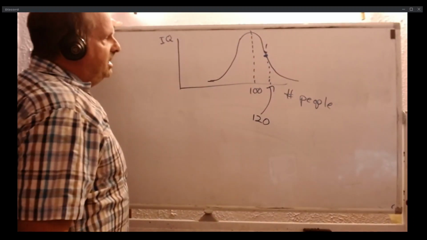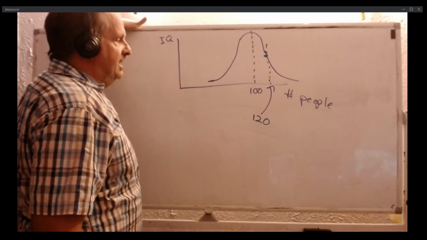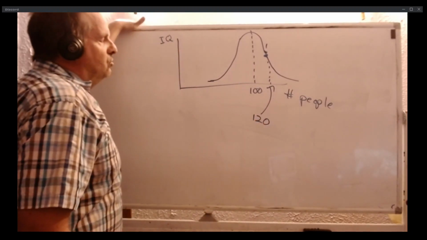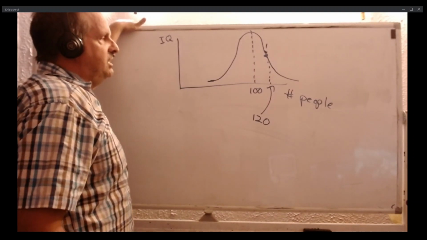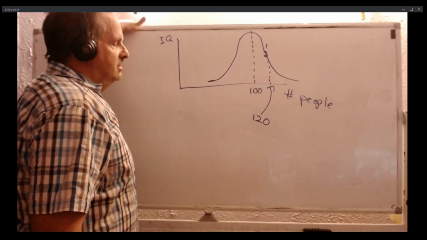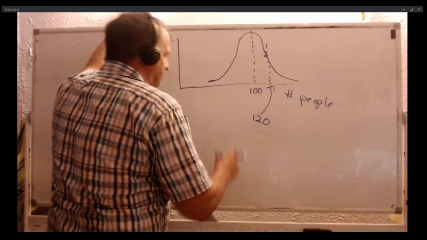To find the probability that a randomly selected person has an IQ of 120, what we do is we integrate the area under the curve between the two bounds.